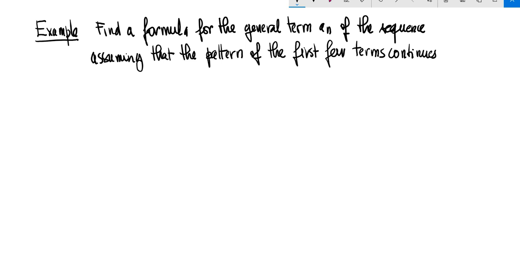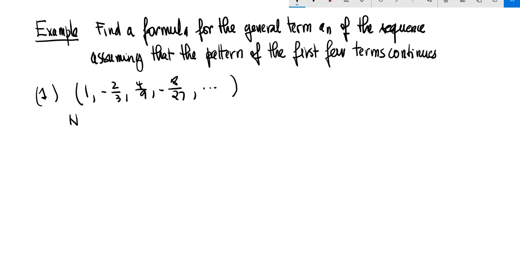For the first example, suppose we have 1, negative 2/3, 4 over 9, negative 8 over 27, and so on.